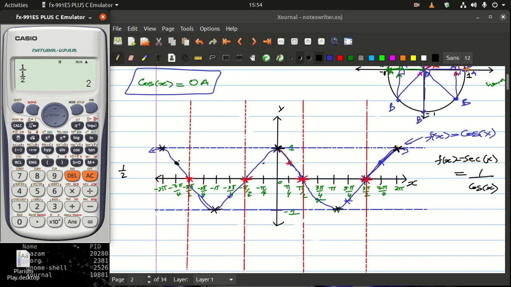So 2 is not below 1, it is above 1. Because 1 is here, then 2 is supposed to be somewhere there. And if I pick a point that is somewhere close to 0, let's say maybe on this curve here, close to 0, 0.01, and if you say 1 divided by 0.01, you get a very big number, which is 100, which is somewhere up there.